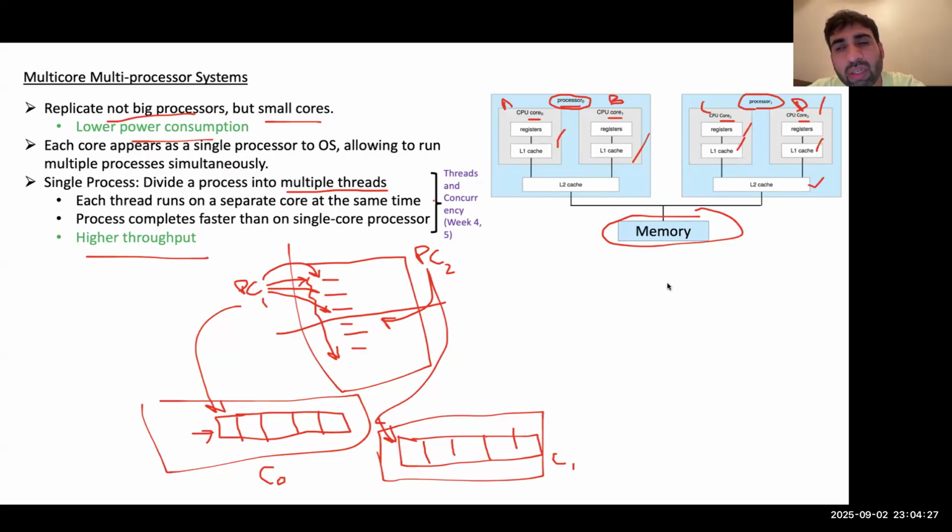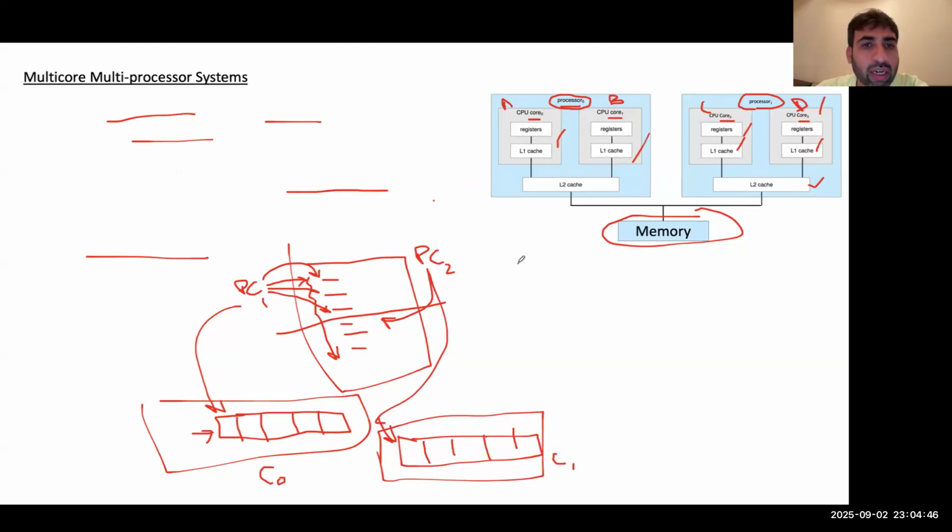But if A, B, C, and D are not memory intensive but compute bound, which means they are doing a lot of computation and the number of accesses made to memory is relatively small, then memory will not be a bottleneck. But again, we always need to compare oranges with oranges and apples with apples, right?